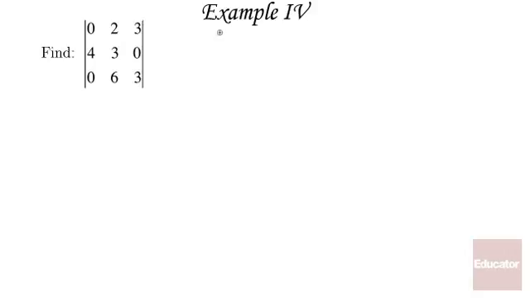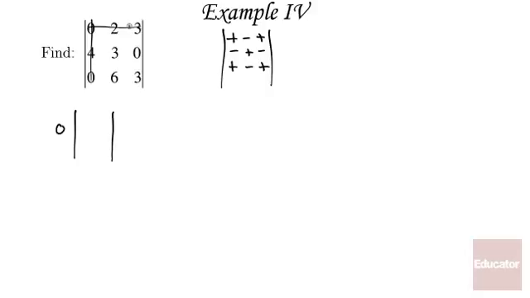Now, with the expansion of the minors, I want to keep track of my positive and negative signs. So I'm going to start with 0, and that's associated with a positive. And when I expand that, I'm going to eliminate this first column and this first row. And it's going to leave me with 3063.